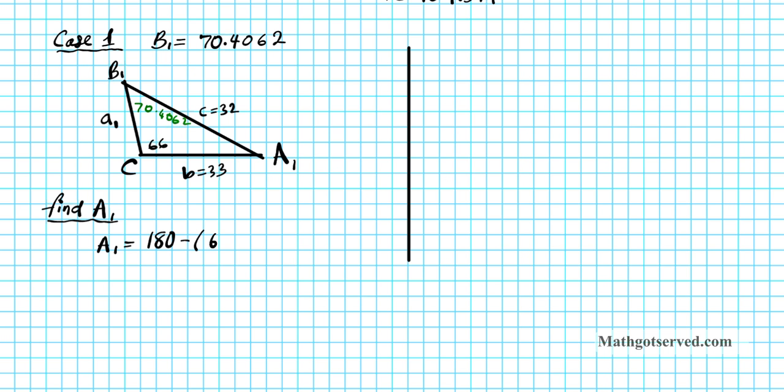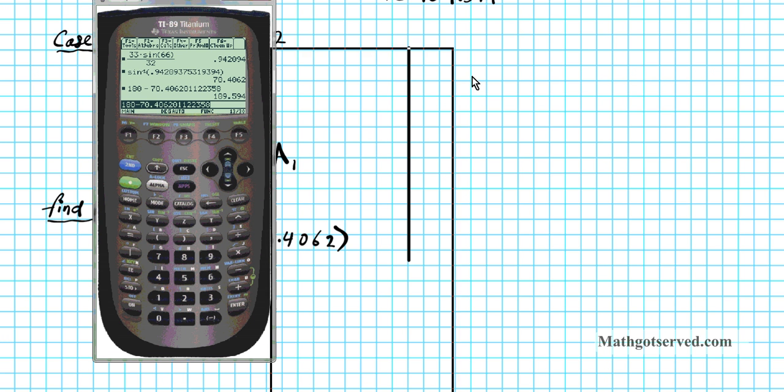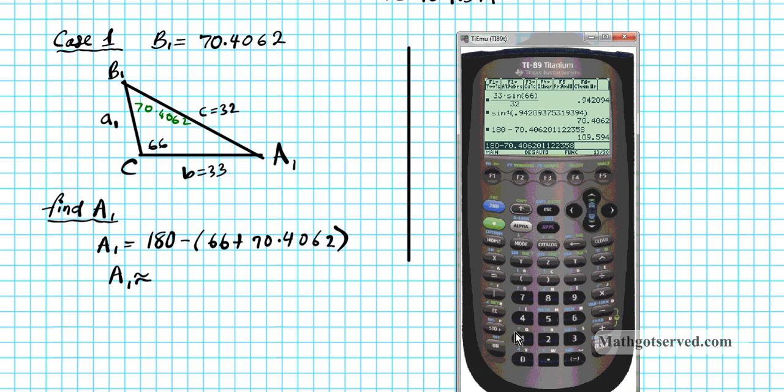So to find A1, we're going to have A1 equal to 180 minus the sum of the two angles, 66 plus 70.4062. So A1 is going to be approximately, plugging that into our calculators, 180 minus 66 plus 70.4062.